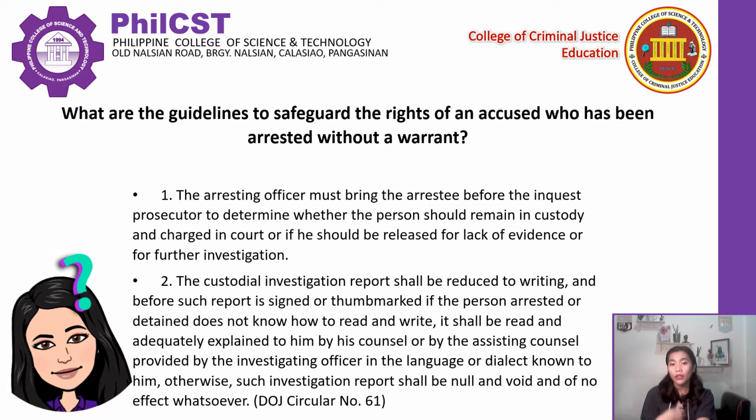So, kailangan i-explain sa kanya sa dialect or language na naiintindihan niya. Otherwise, such investigation report shall be null and void and of no effect whatsoever. So, magiging walang bisa yung report na yun. Kasi nga, in the first place, hindi niya naiintindihan yung kanyang pinirmahan o sinamarkan. So that is based according to DOJ Circular number 61.